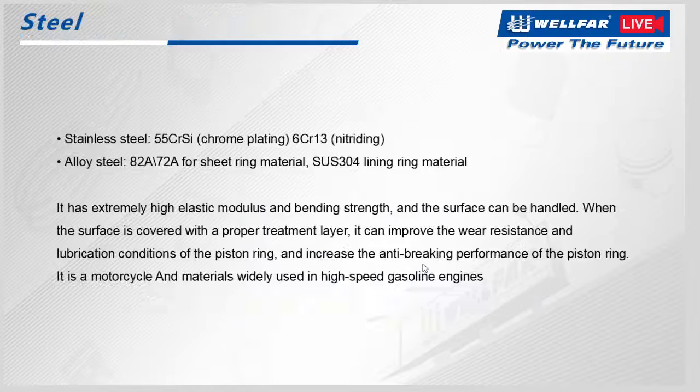The next one is steel. And steel is another usual material we use to produce piston rings. Normally we have 2 kinds of stainless steel, 55 chromium silicon and 6 chromium 30. And also the alloy steel 828, 728 for steel ring material, and SUS 304 for nylon ring material.